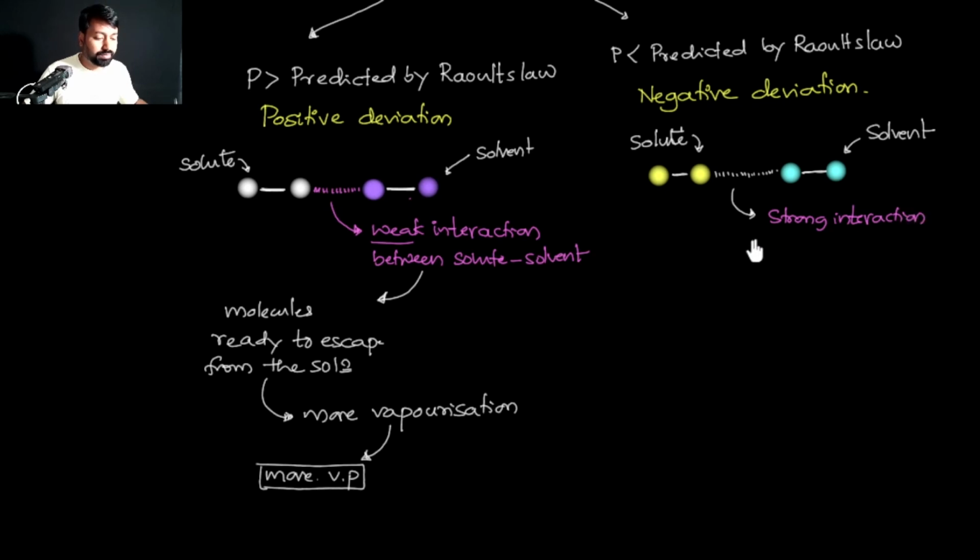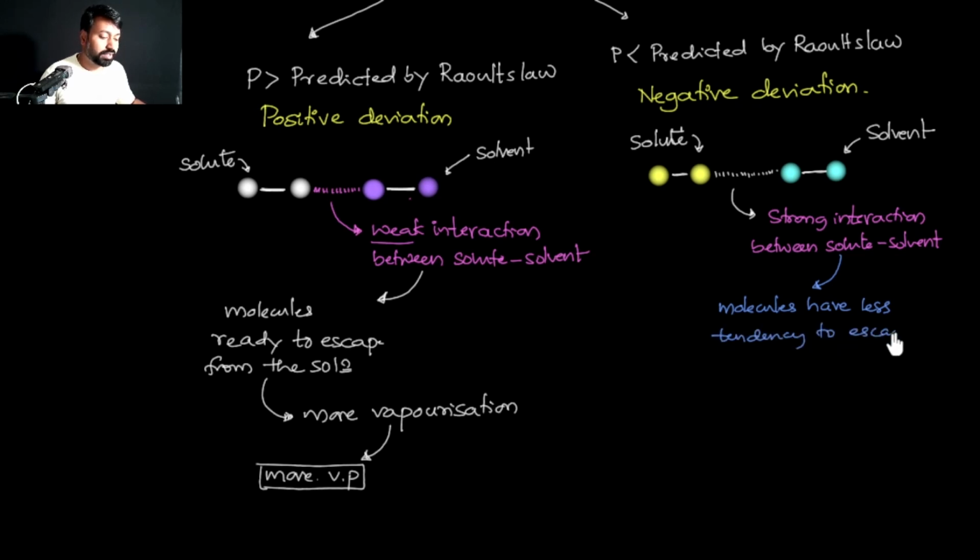There is a strong interaction between solute and solvent, and because of this the molecules are held very strongly, so they are not ready to escape from the solution. The molecules have less tendency to escape from the solution.